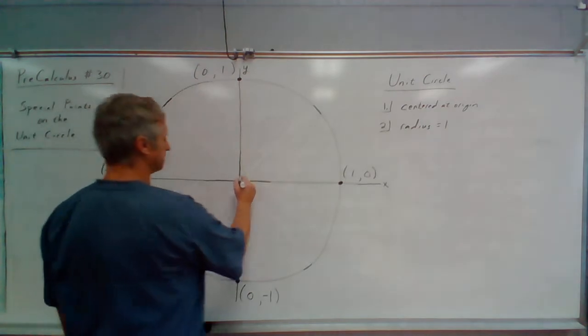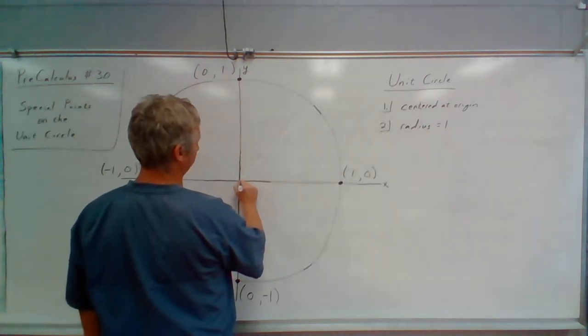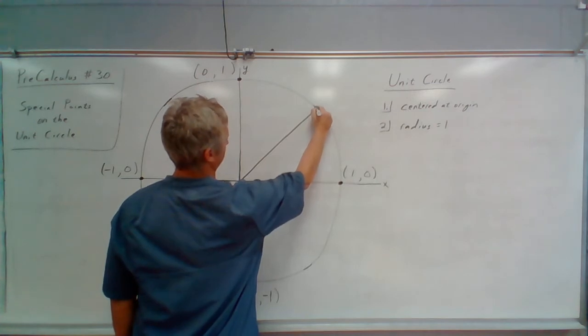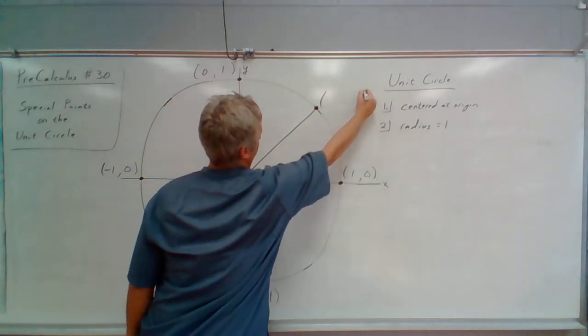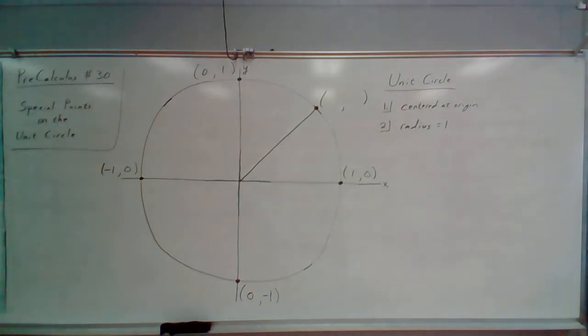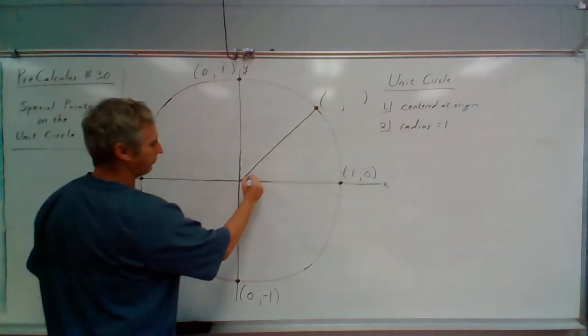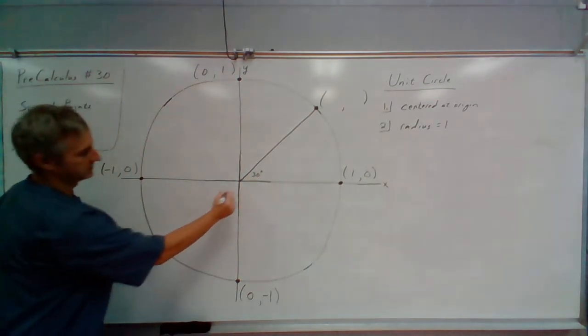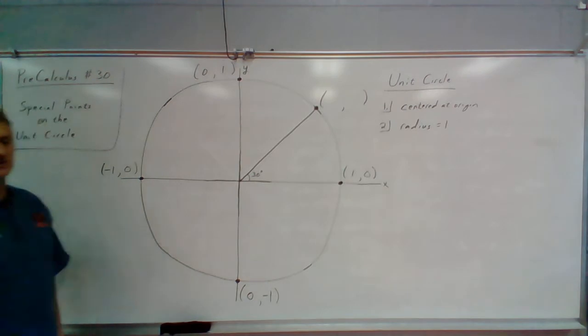All right, now let's think about the coordinates of this point. What would that be? All right, so this angle, we're going to say is 30 degrees. So this guy right here is 30.